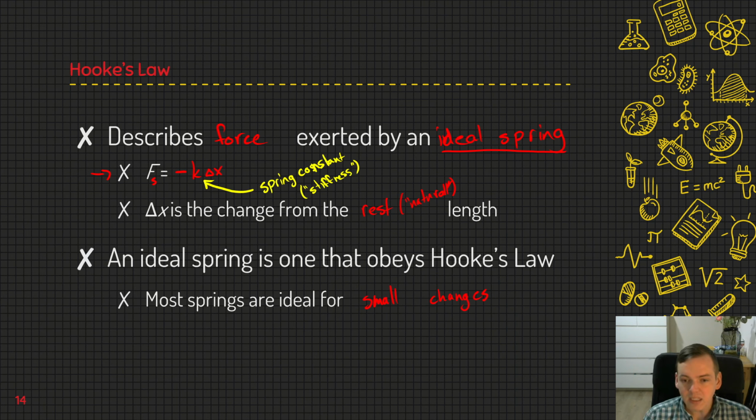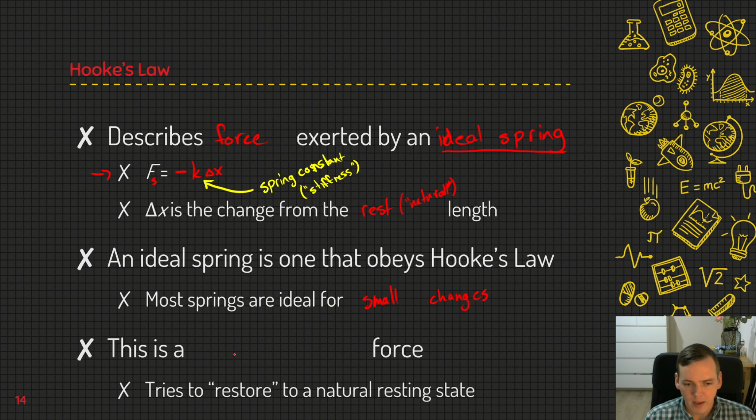And that's a key factor in Hooke's law, is that it always resists motion away from that natural baseline. And so that is known as a restorative force. Because of that negative, it is a restorative force. It is trying to bring the system back to its natural position.